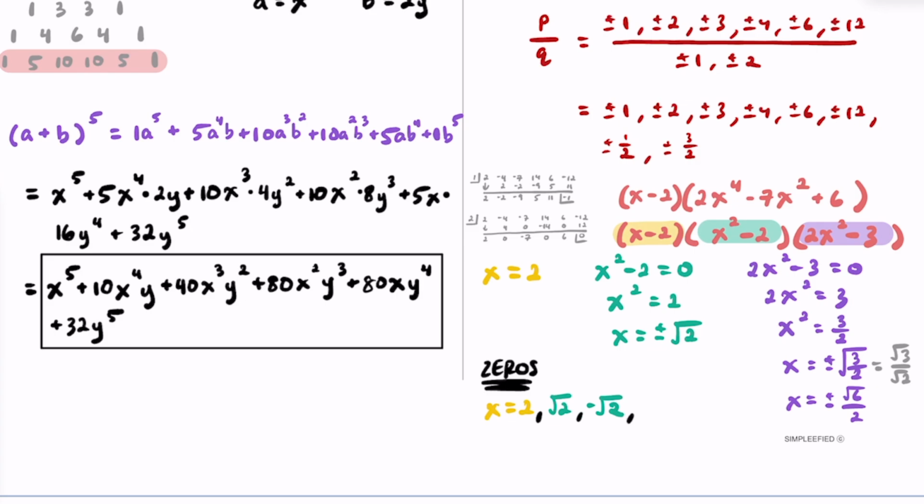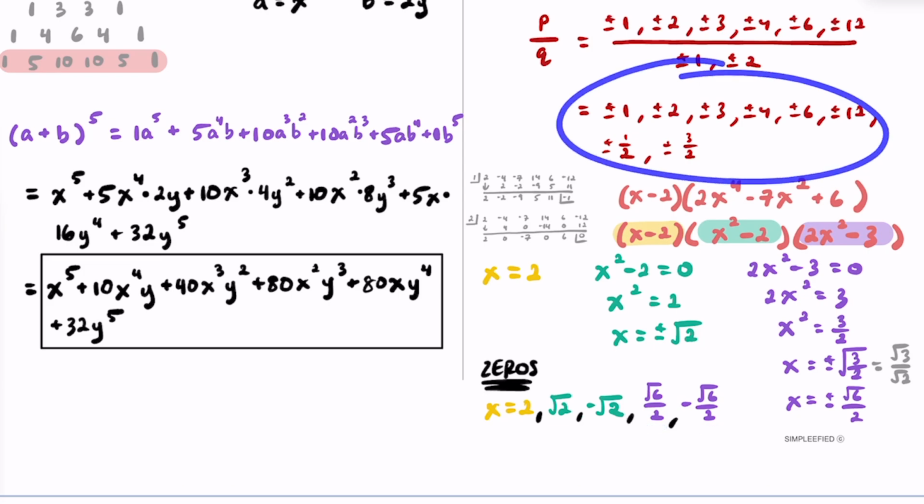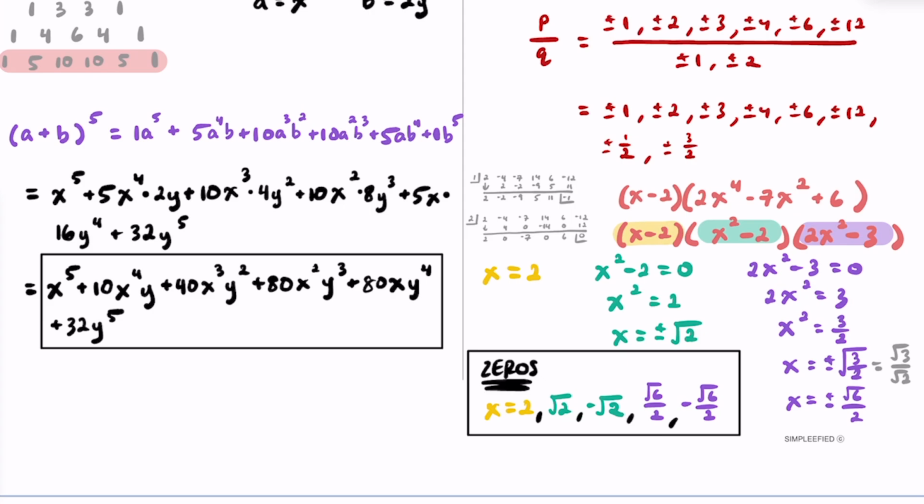And then we're going to have this positive root 6 over 2. And then finally, this negative root 6 over 2. So these would be our 5 zeros. We have one rational one, which is why it's on our list from over here. This is going to be 2 irrational zeros and 2 more irrational zeros, which is why they're not on our list of possible rational zeros. So using the rational zeros theorem, here are 5 zeros for this function.